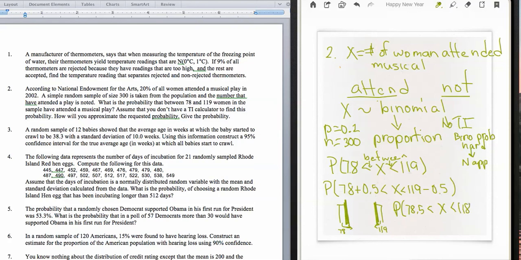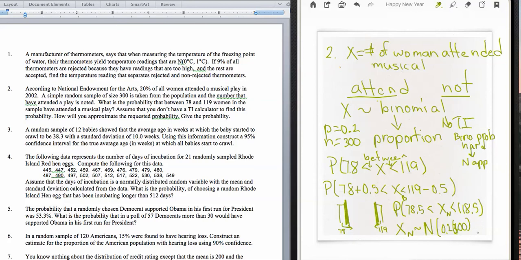Now, what I've done with this continuity correction is I've gone from a binomially distributed random variable to a normally distributed random variable. My X is distributed normally with a mean equal to 0.2 times, oops, not 100, but 300.